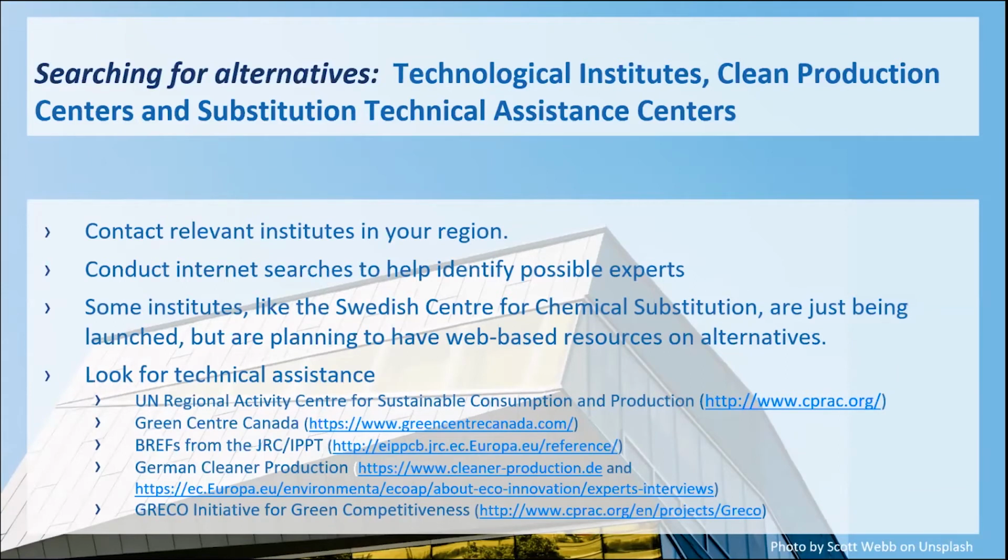The Greco Initiative for Green Competitiveness, also a Mediterranean initiative, which focuses on showing the economic benefits that businesses can gain from an environmental approach. And the Green Center Canada, which conducts research and development to find green solutions to current industry needs.